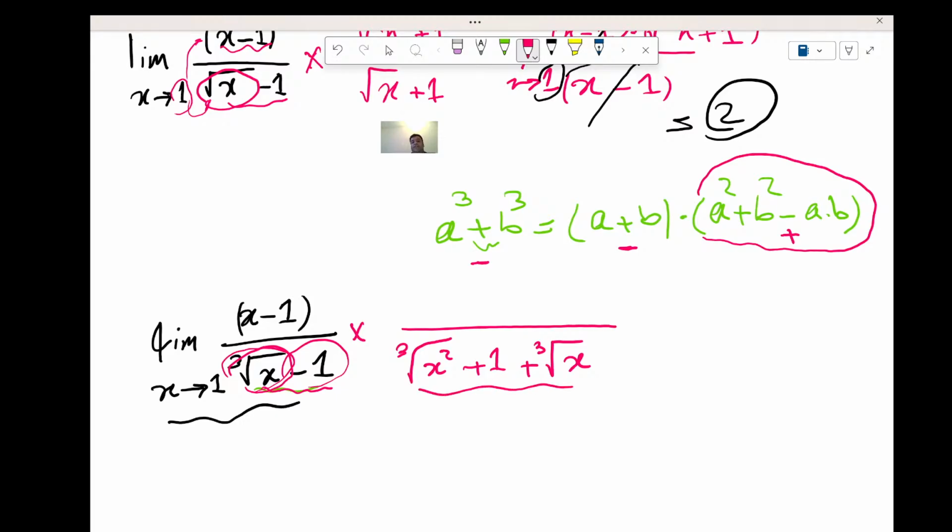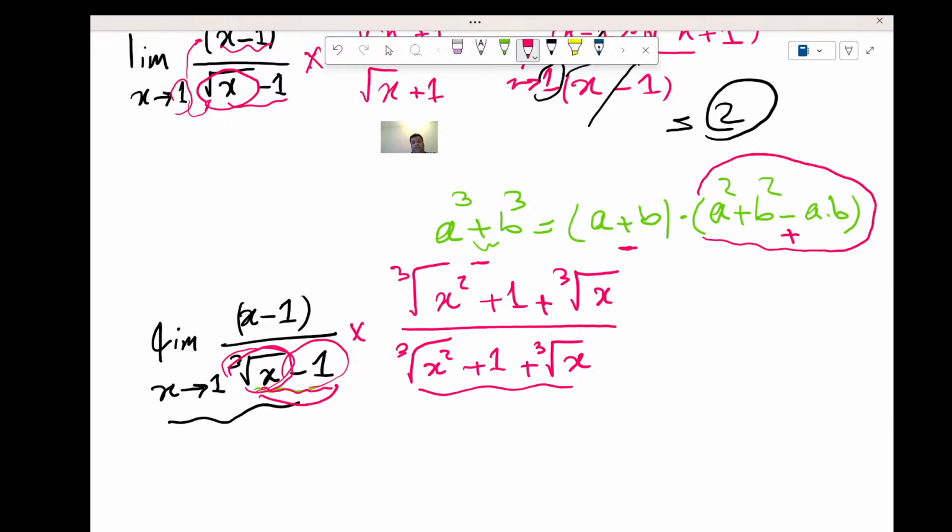Exactly this part I put in the top: x power 2 with root 3 plus 1 plus x with the cube root.